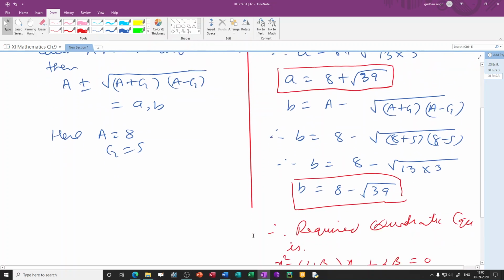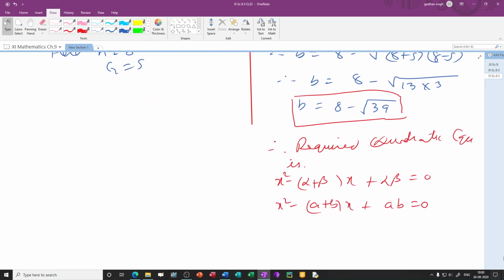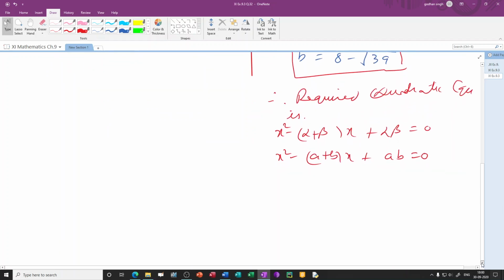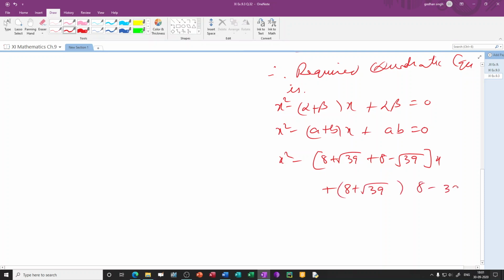So what is our a? a is 8 plus root 39 and b is 8 minus root 39. Putting the values, we get x square minus (8 plus root 39 plus 8 minus root 39) into x plus (8 plus root 39) into (8 minus root 39) equal to 0.